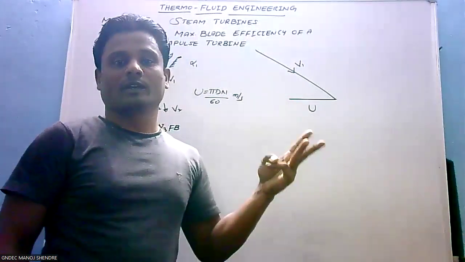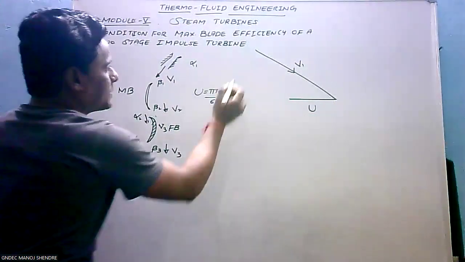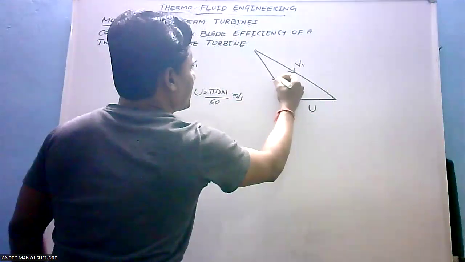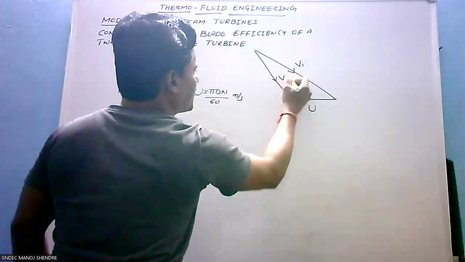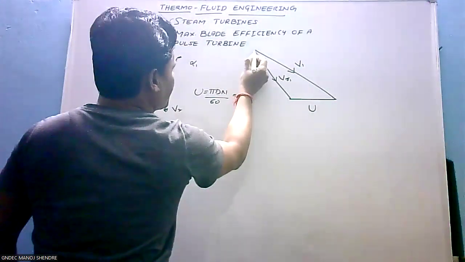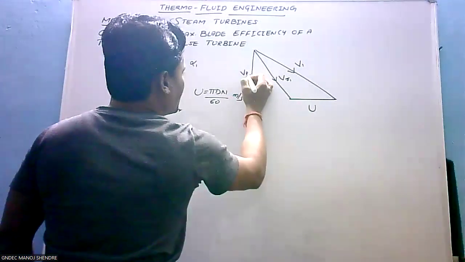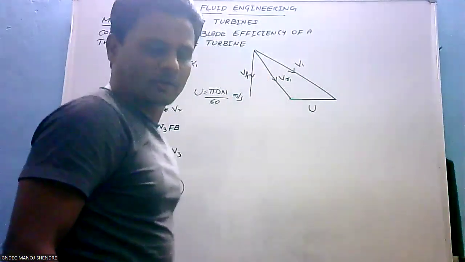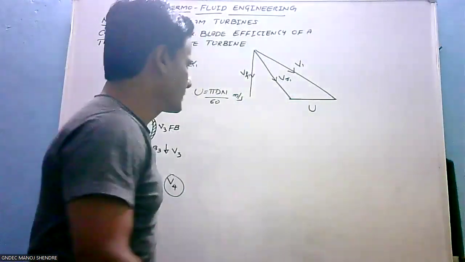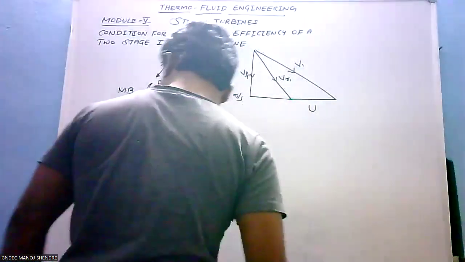The third one is the flow velocity component, VF, which is vertical. VF is the axial velocity or the flow velocity component. Join these two.